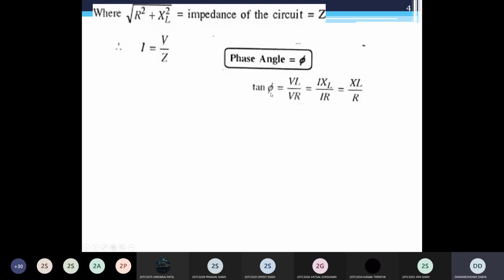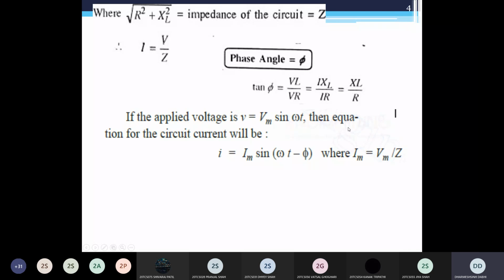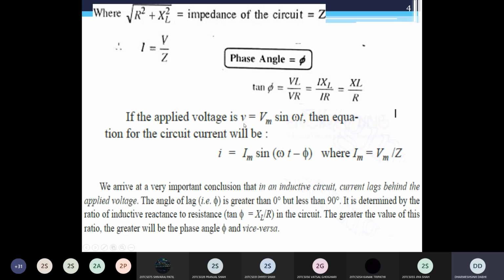From this equation, you can find the phase angle: phi is equal to tan inverse of XL divided by R. If the applied voltage is Vm sin omega t, the current lags behind the voltage by angle phi, so you can write the current as I is equal to Im sin of omega t minus phi. Here phi is the angle by which your current lags behind the supply voltage. Clear?